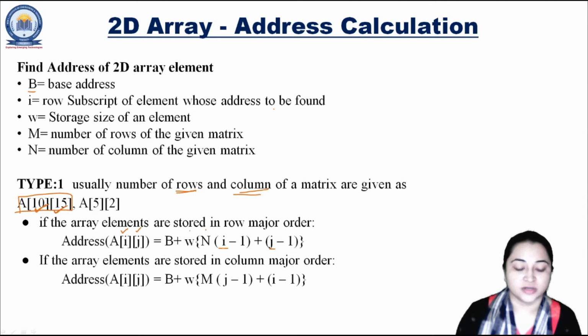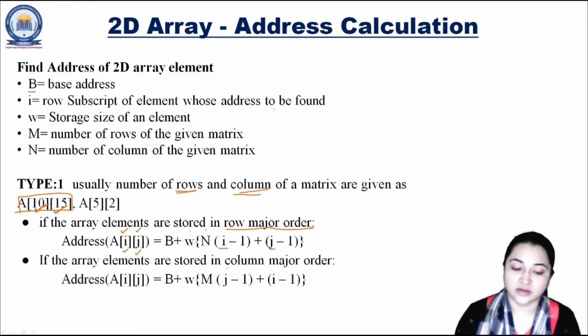Here I and j represent the index of the element whose address we are finding. This is the equation when the elements are stored in row major order.